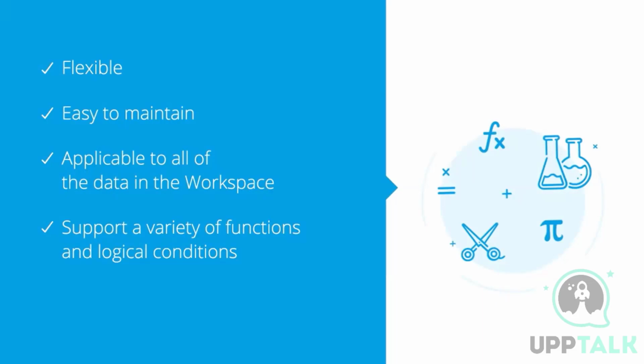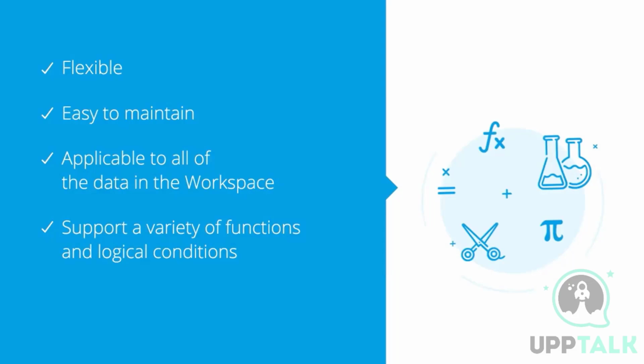And once you edit, for all of your data streams, this gets changed without hampering any data. Applicable to all of the data in the workspace, definitely. And it supports a variety of functions and logical conditions. Yes, so basically calculated dimensions are used for this purpose, whereby we have logical conditions and functions coming in.